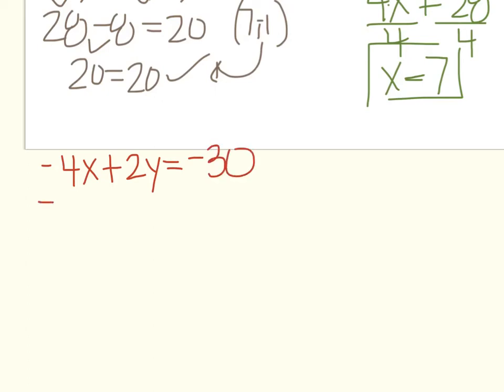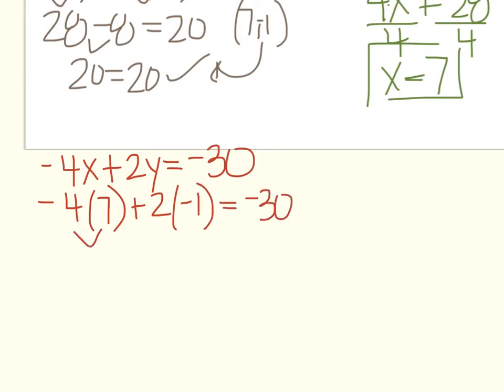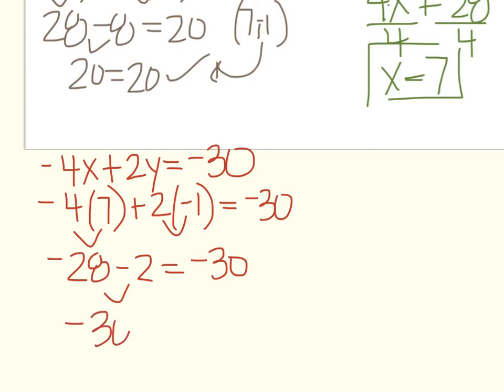So I have negative 4 times x, which is 7, plus 2 times y, which is negative 1, and it should equal negative 30. Negative 4 times 7 gives me negative 28. 2 times negative 1 gives me negative 2, and it should equal negative 30. Negative 28 minus 2 gives me negative 30. So negative 30 equals negative 30. It checks.